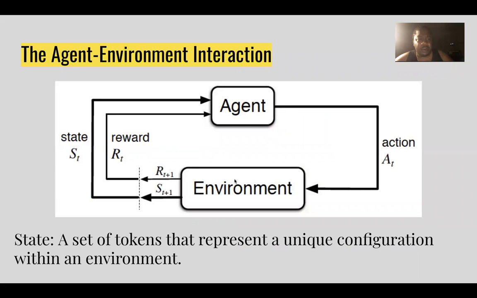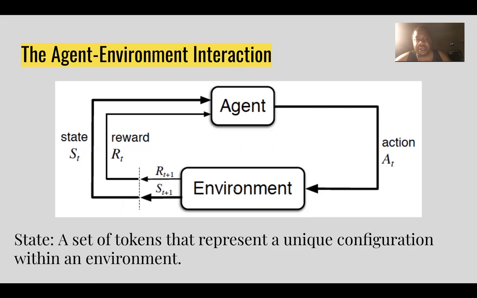If we look at the interaction, we have this weird graph here, but just remember that we initially start with the agent knowing nothing about the environment, or it may know something, but in our case, let's assume it knows nothing. It will then measure the state that it is in, or make an observation about the environment. Based on that observation, it will choose the action to take in the environment.